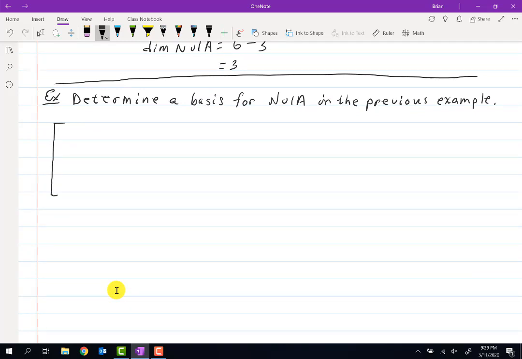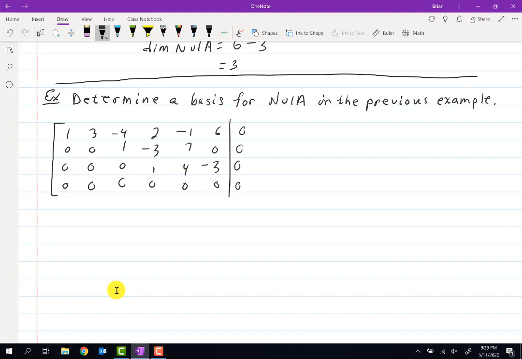We had 1, 0, 0, 0, 3, 0, 0, 0, negative 4, 1, 0, 0, 2, negative 3, 1, 0, negative 1, 7, 4, 0, 6, 0, negative 3, 0, and make it into an augmented matrix.